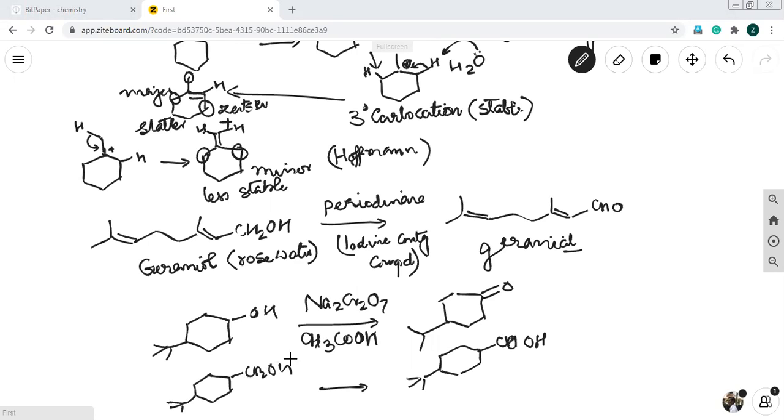So this is the oxidation. Primary alcohol on vigorous oxidation will give you carboxylic acid.